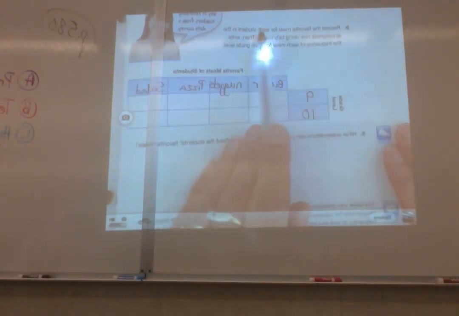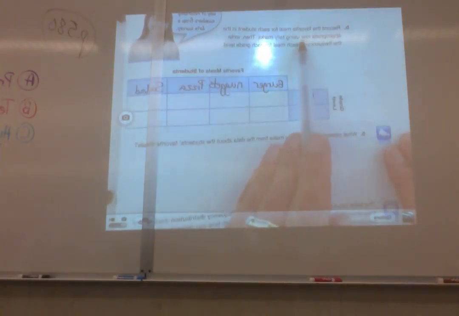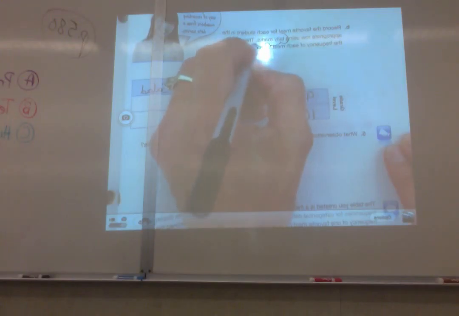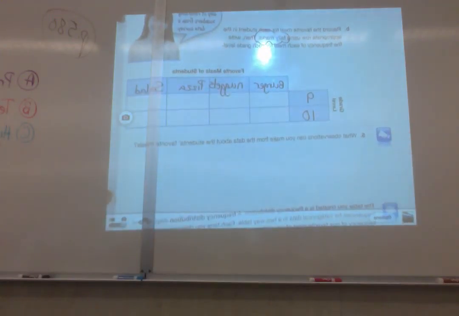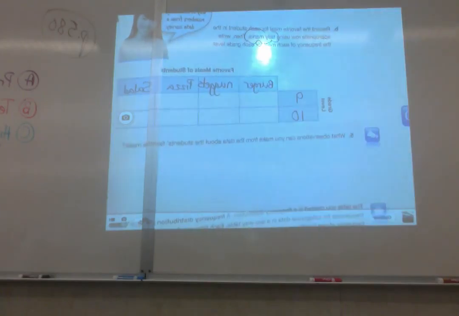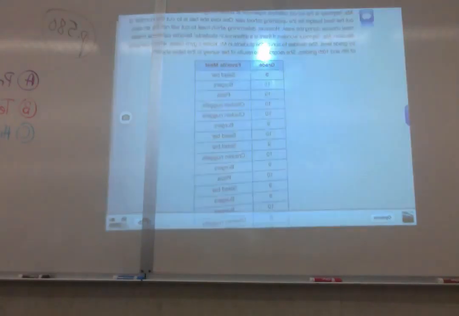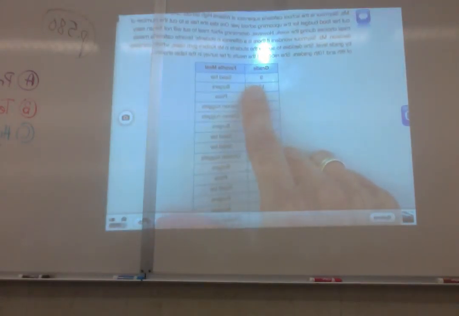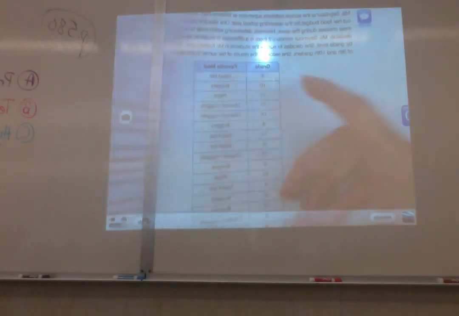Record the favorite meal for each student in the appropriate row using tally marks. Then write the frequency of each meal for each grade. So the first thing you're going to do is start working your way down this list. I see a ninth grader who wants salad bar.